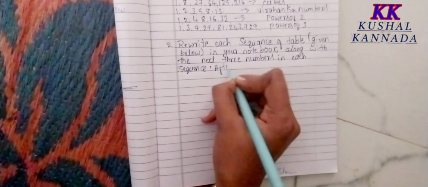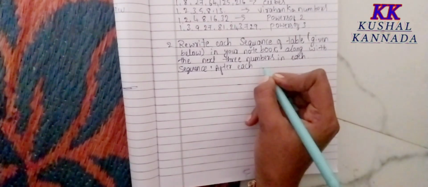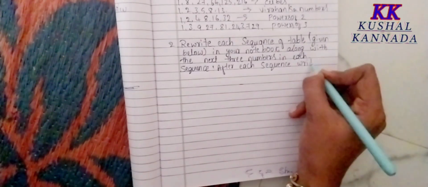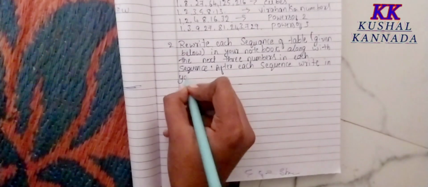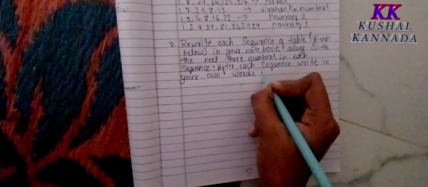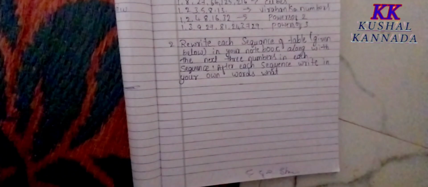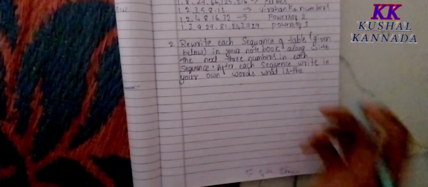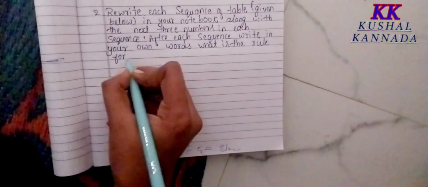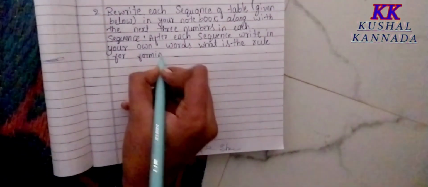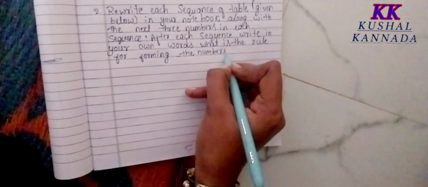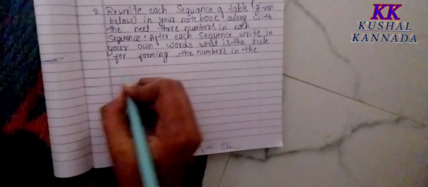After each sequence, write in your own words what is the rule for forming the numbers in the sequence.